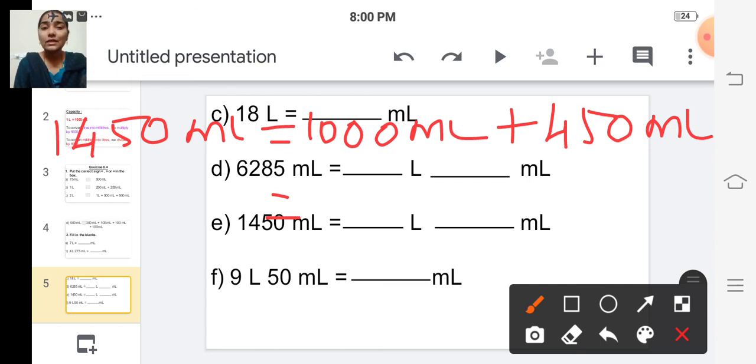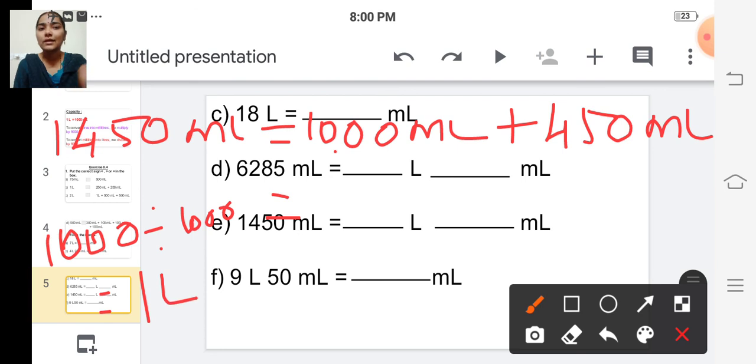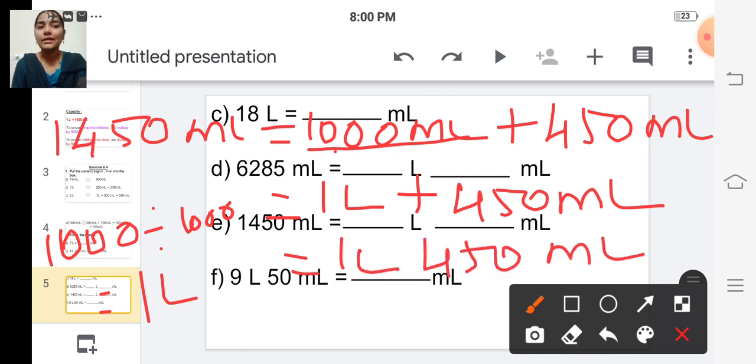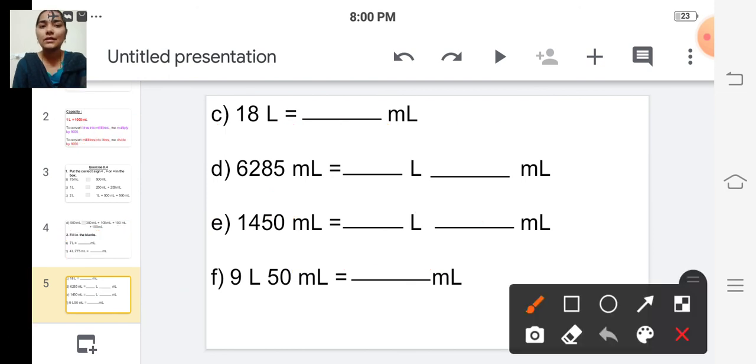So we have to divide. 1000 divided by 1000 is equal to 1 liter. So 1000 milliliter can be written as 1 liter plus 450 milliliter, so it can be written as 1 liter 450 milliliter. So the answer is 1 liter 450 milliliter.